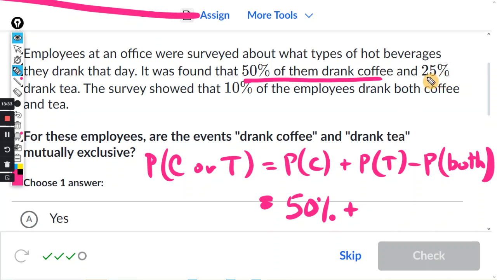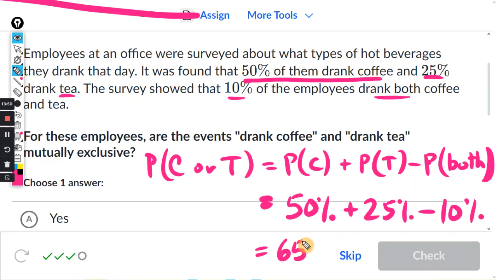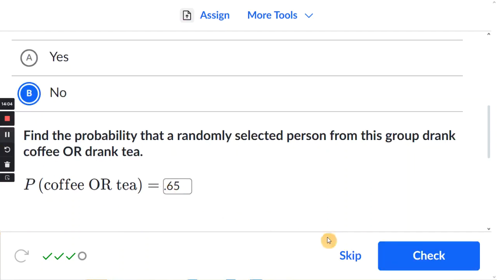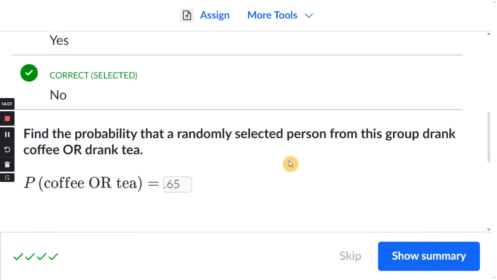How many drank tea? 25% drank tea. How many drank both? 10% drank both, so you subtract. 50 plus 25 is 75, minus 10 is 65. Converting to a decimal, you move it over 2 places. That's 0.65. 0.65 right in the box. Don't forget the decimal.